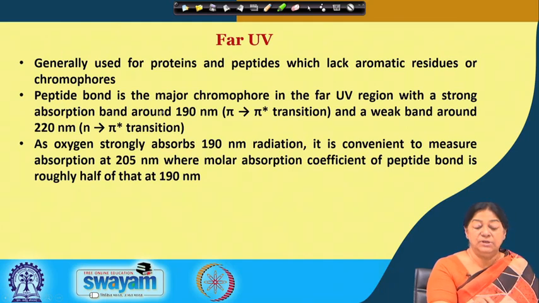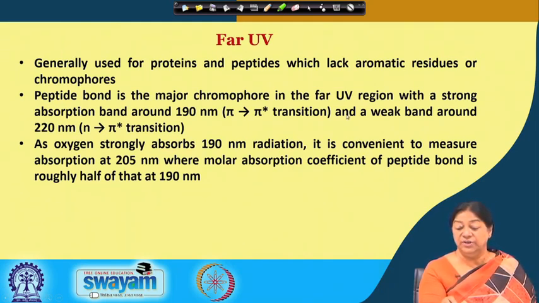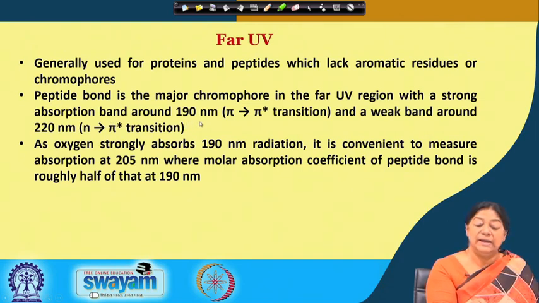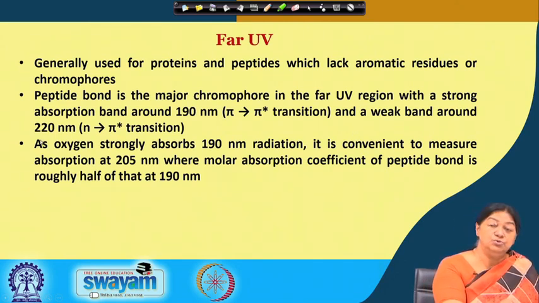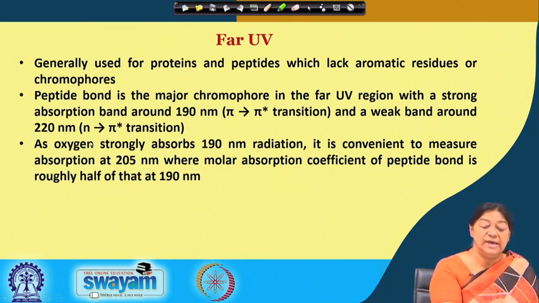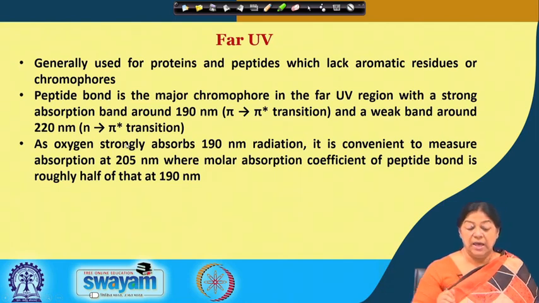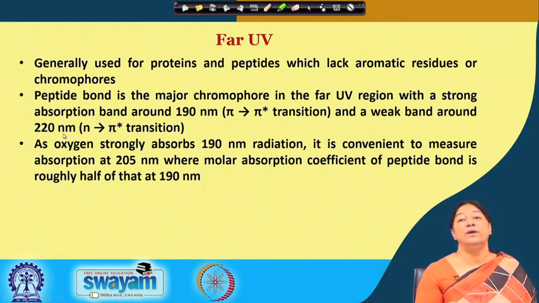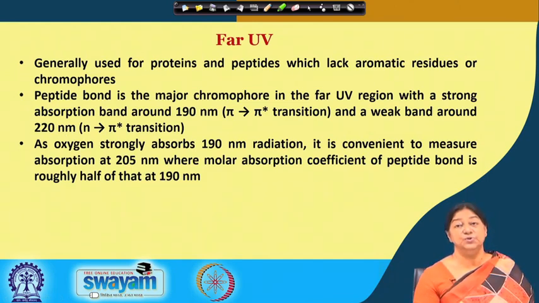The peptide bond is the major chromophore in the far UV region with a strong absorption band around 190 nanometer corresponding to the pi to pi star transition, and a weak band around 220 nanometer corresponding to the n to pi star transition. Since oxygen also absorbs around the 190 nanometer region, we use 220 nanometer in the case that there are no aromatic amino acid residues present.